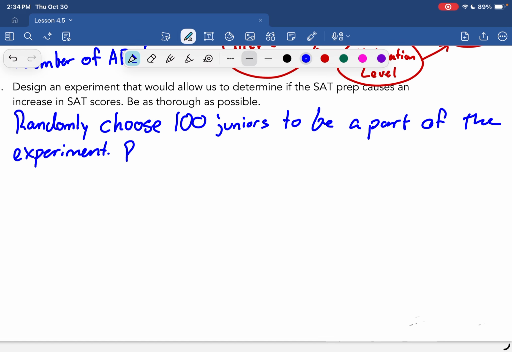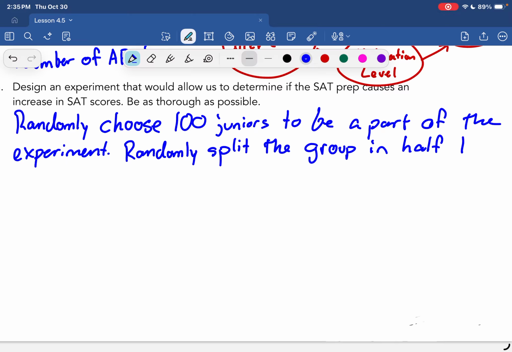Now what we're going to do is, again, randomly, and we've talked about probably using a random number generator, or we could use some other methods we'll talk about, like flipping a coin, randomly split the group in half. And one half is going to take the course, and half do not.